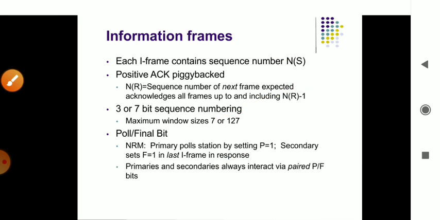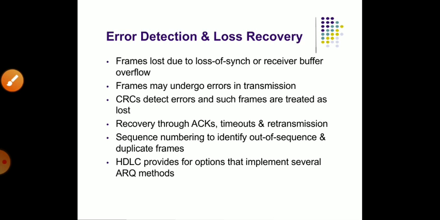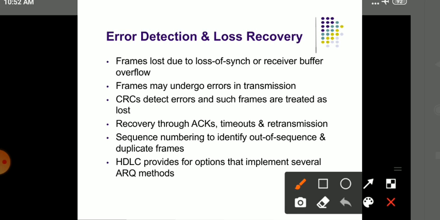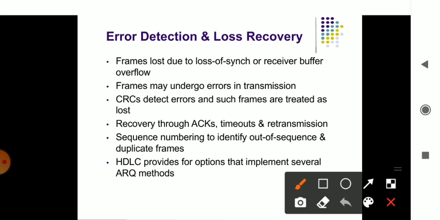Okay. Error detection and loss recovery are important: each and every time information is sent and received, it will be stored in the buffer. So if any errors are there, that frame can be retransmitted. Each and every time the CRC check will be there, which checks the information to see whether the same kind of data is there. If any error is there, retransmission happens again.